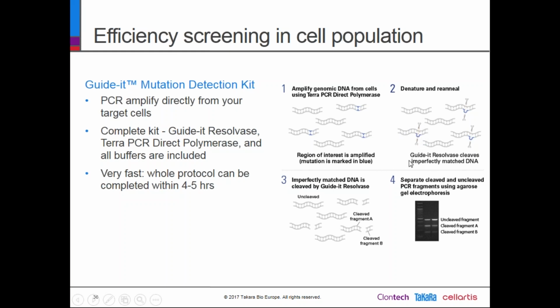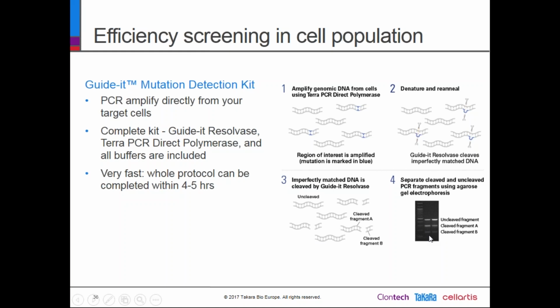And the enzyme which is provided in the kit, called the guided resolvase, is an enzyme that specifically cleaves mismatched DNA. And such cleavage products can then be analyzed on an agarose gel, and you can use densitometric analysis and a formula to calculate the genome editing efficiency in your cell population.